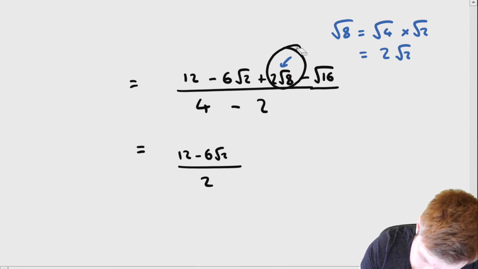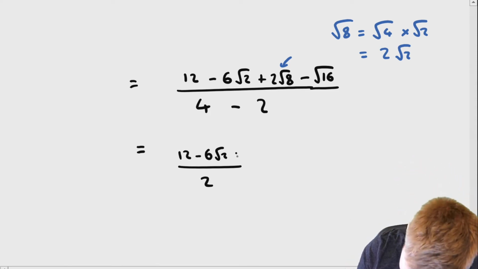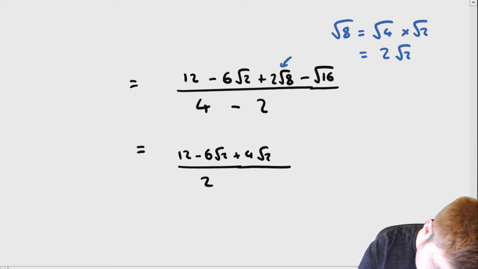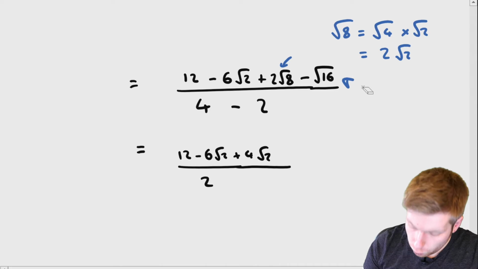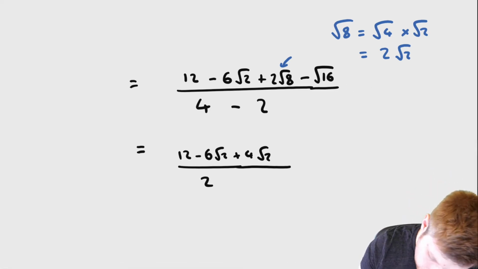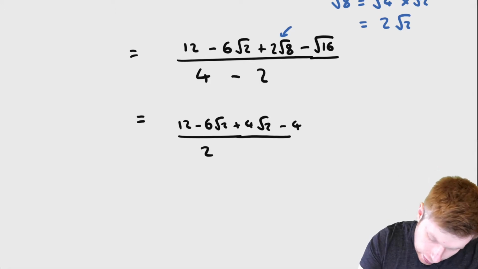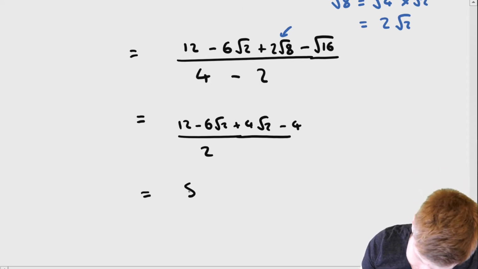This thing here becomes 2 times by 2 times by root 2, which is 4 times root 2. Then finally, this root 16 here, well, what's the square root of 16? It's just 4, so therefore I'm taking away 4 here. Let's just break it down ever so slightly again. So we end up with 12 take away 4, which is 8.